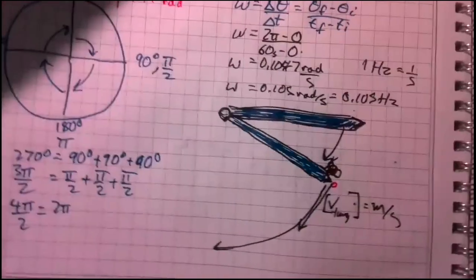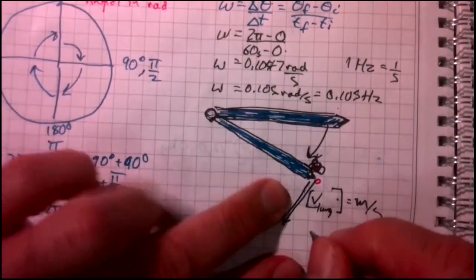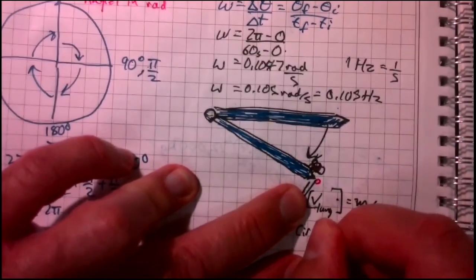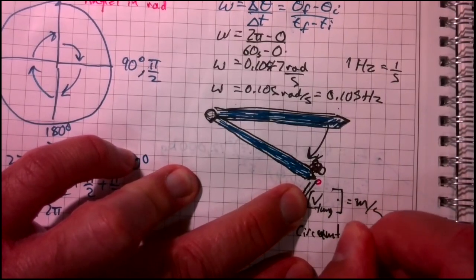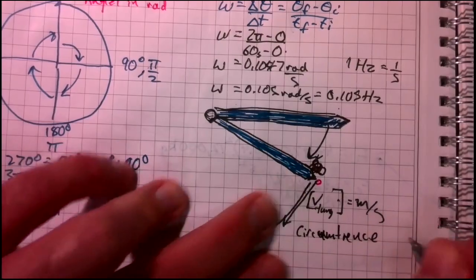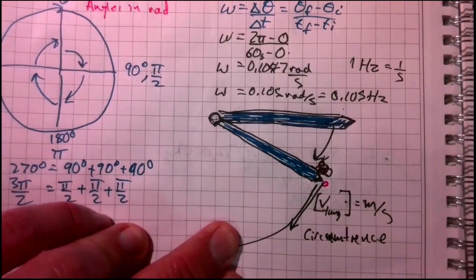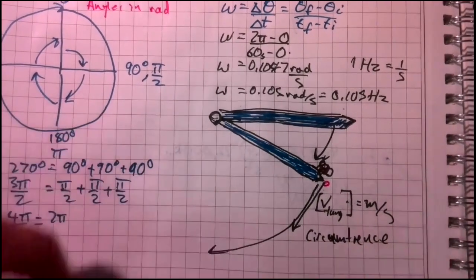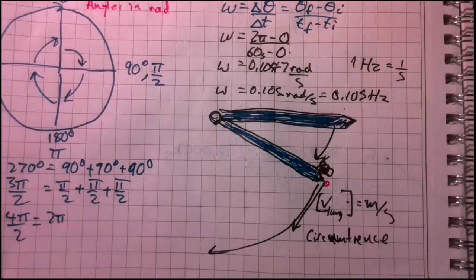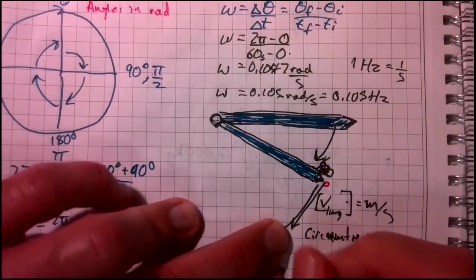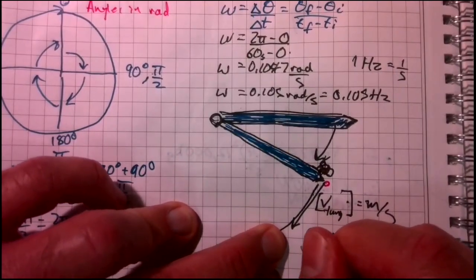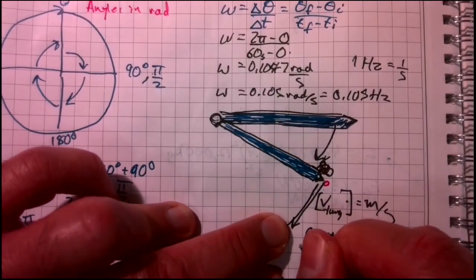for one complete loop around the circle, that's a circumference, the circumference of my circle. What is the formula for the circumference of a circle? Well, in math and physics, we call it something else. It's called the arc length.